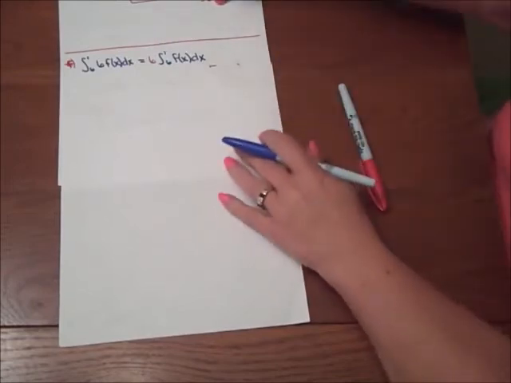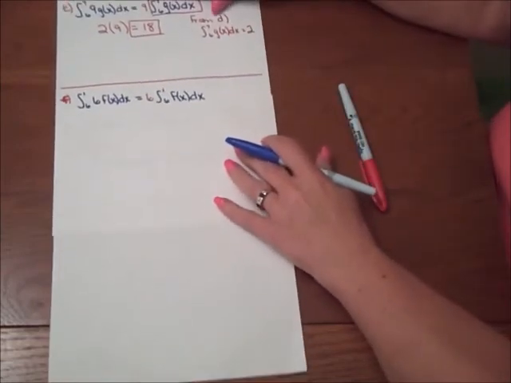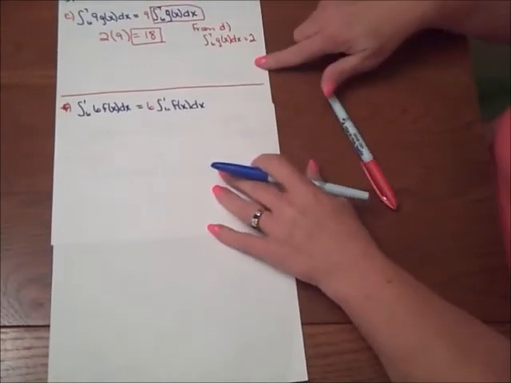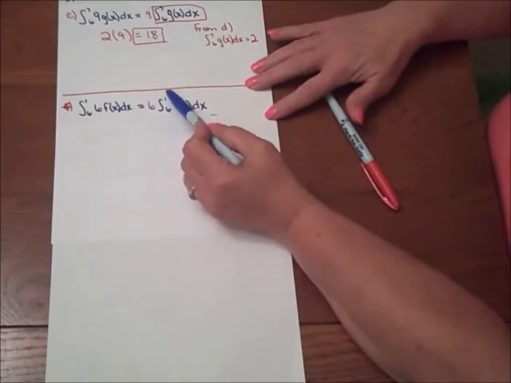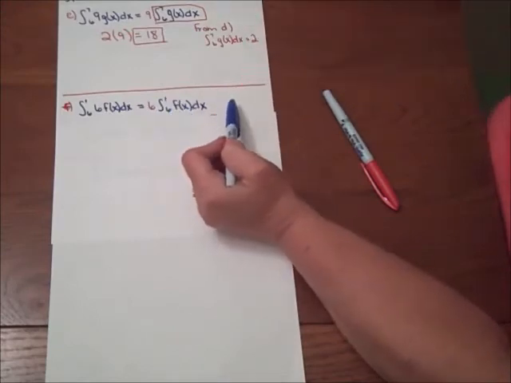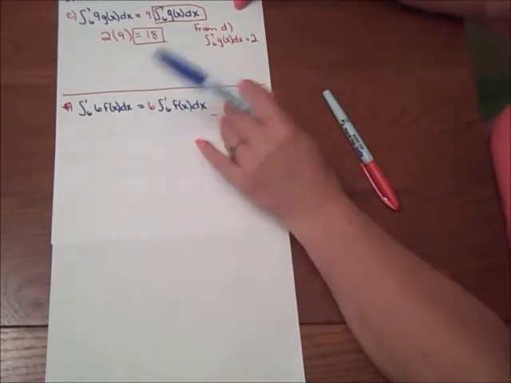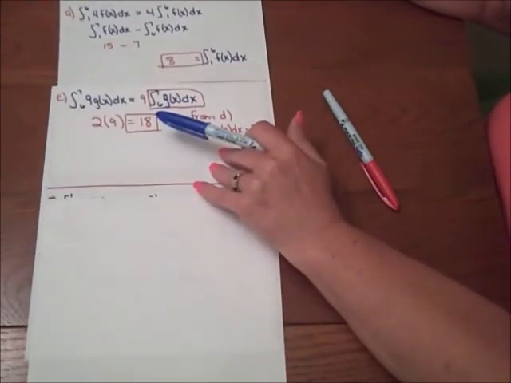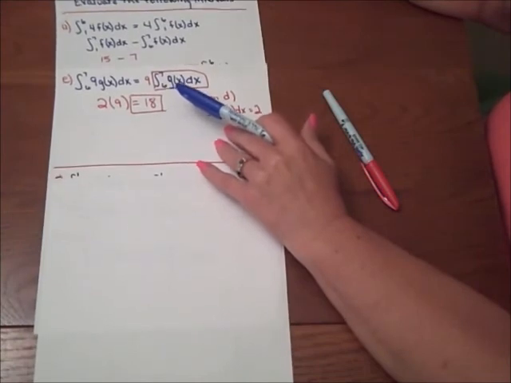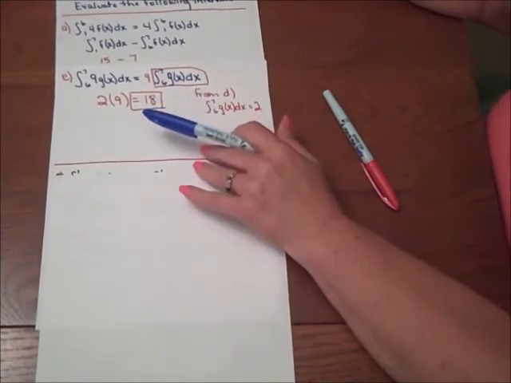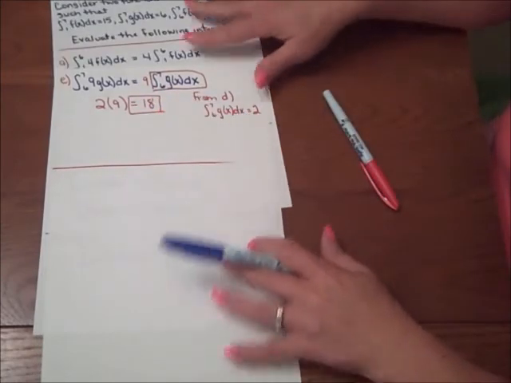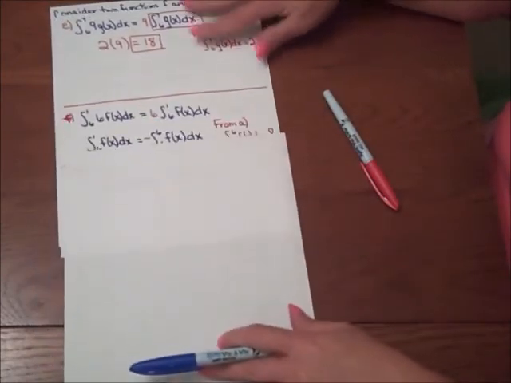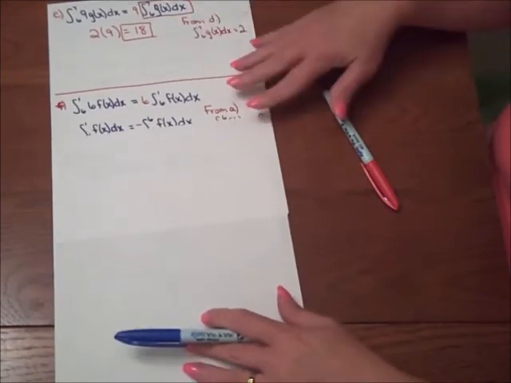Now, if we go back to the functions we were given, we were not given the integral from 6 to 1. We have 1 to 6 for f, and we found 1 to 6 in A, which is 8. We found 1 to 6 is 8, but we're not given 6 to 1.